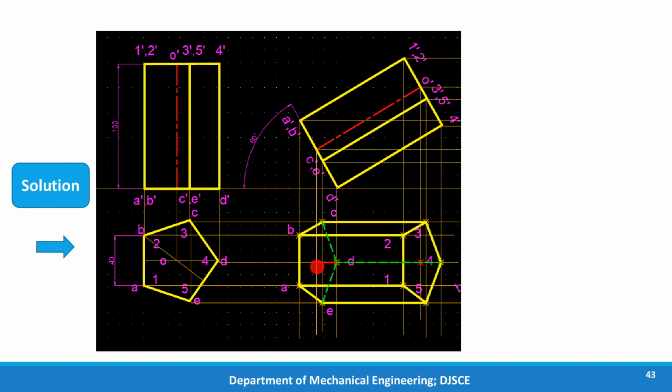We will tilt it such that this makes an angle of 30 degrees with VP. That means this axis is tilted at 30 degrees to XY line, and reorienting this top view and then taking the projections and getting the third step front view. So let us do that on AutoCAD.